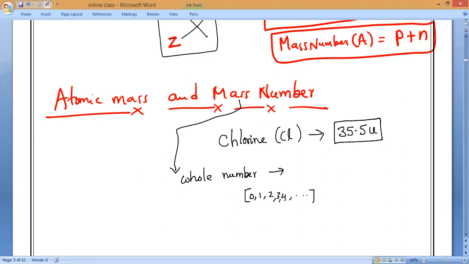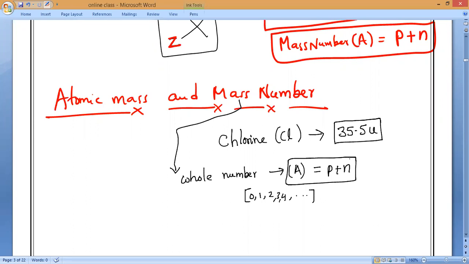It is a perfect number, no decimals, because mass number equals number of protons plus number of neutrons. It is the sum of protons and neutrons. That is what we call mass number.